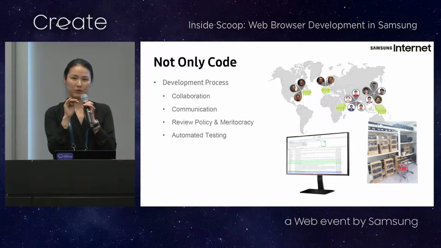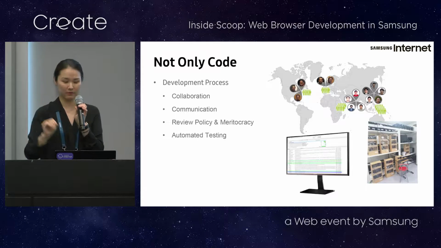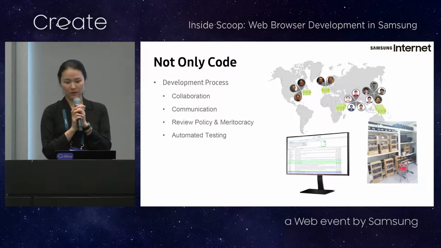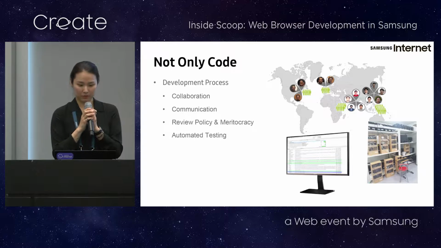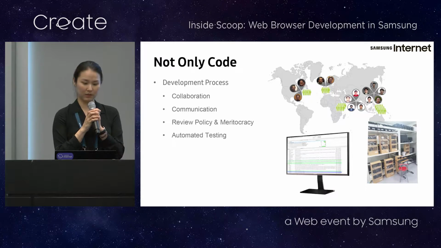But we wanted to work as one team, same level with each other. So we benchmarked how Chromium works, really, and we set up tools for tight collaboration and communication.